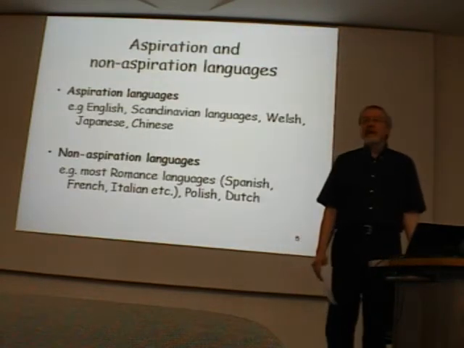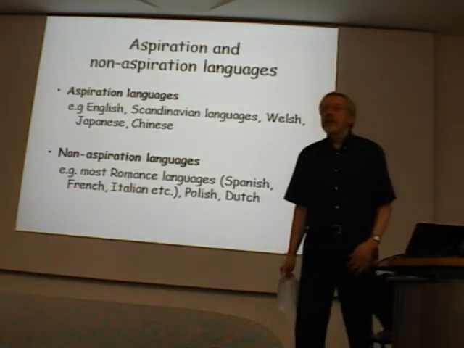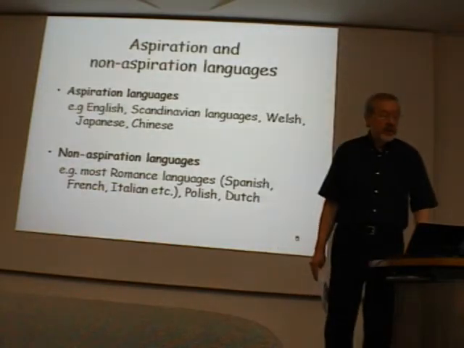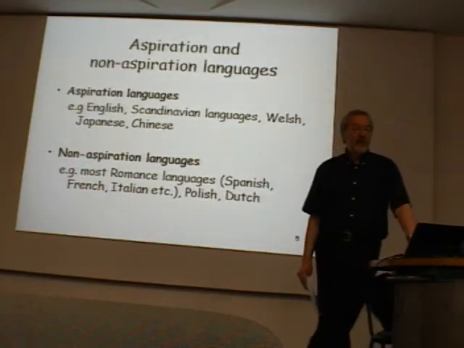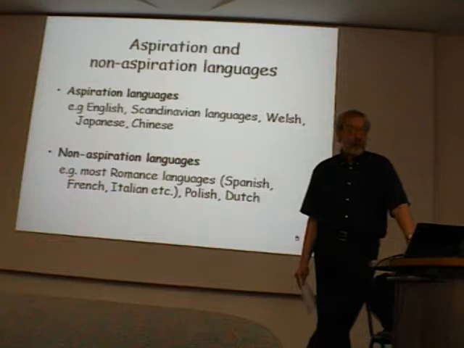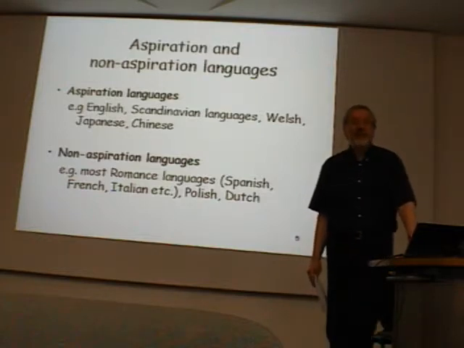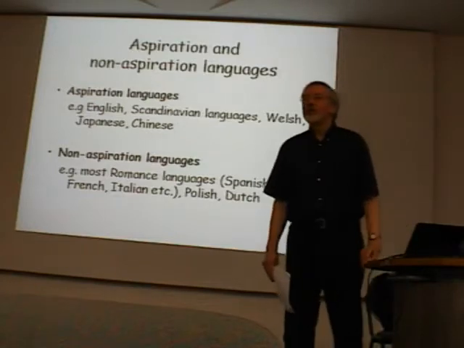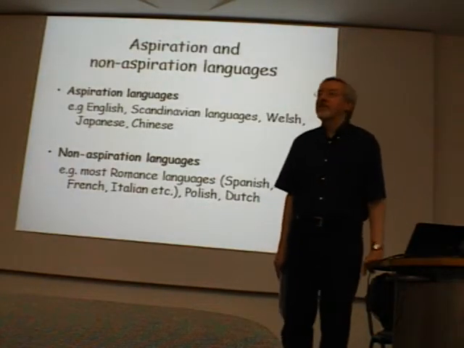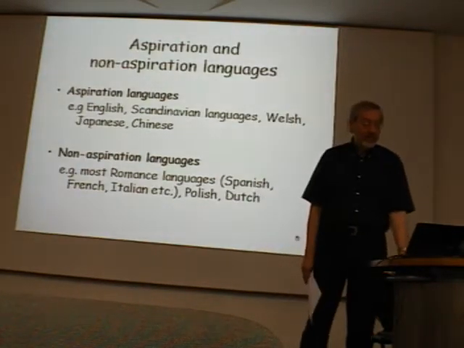We can divide languages in the world between ones we can call aspiration languages and non-aspiration languages. Aspiration languages include, for example, English, Scandinavian languages like Swedish, Norwegian, Danish, Welsh, Japanese, Chinese, and standard German.